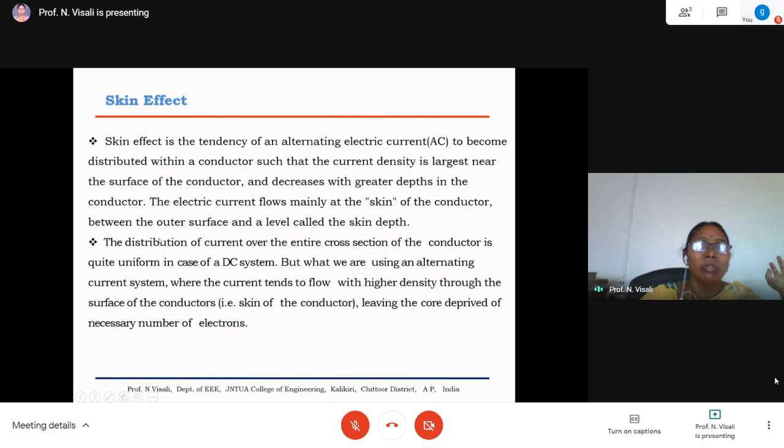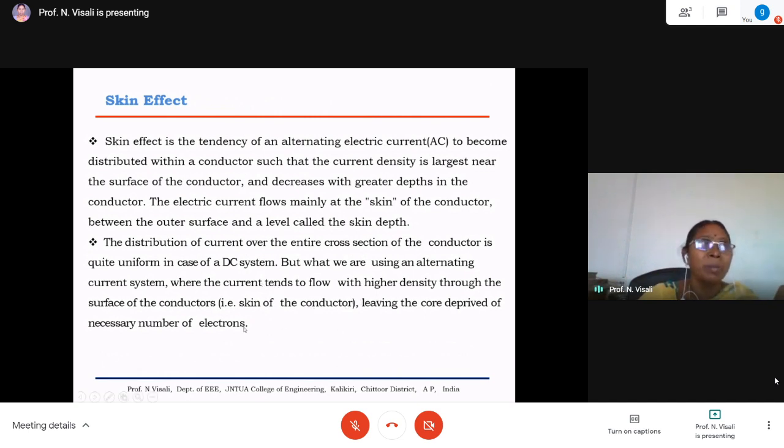The distribution of current over the entire cross section of the conductor is quite uniform in a DC system, but in an AC system that is not the case. Non-uniform distribution of current takes place.